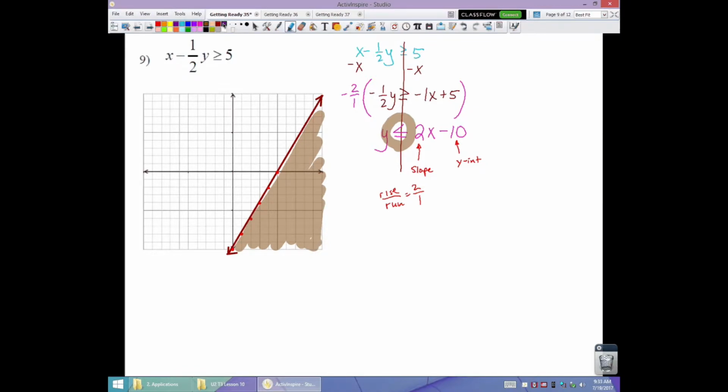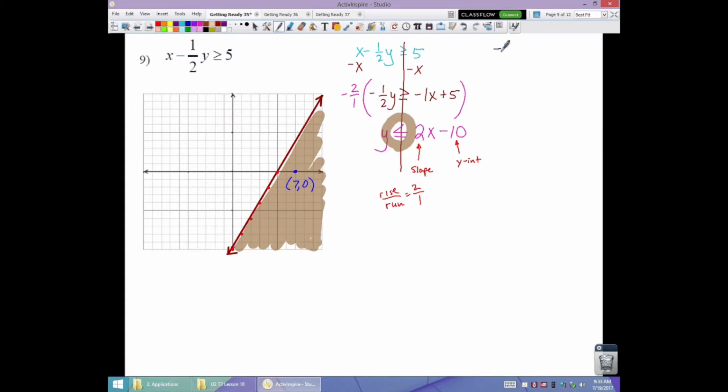A checkpoint. Again, choose one that's easy for you to work with. So 1, 2, 3, 4, 5, 6, 7. Let me pick 7, 0. Since that's in the shaded region, when I substitute it in, it should work.